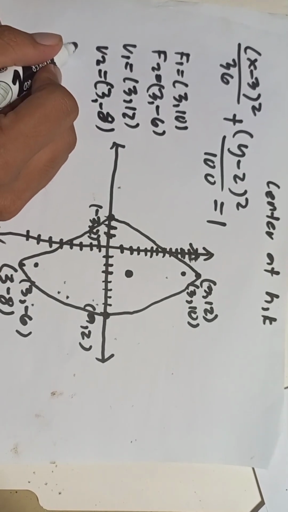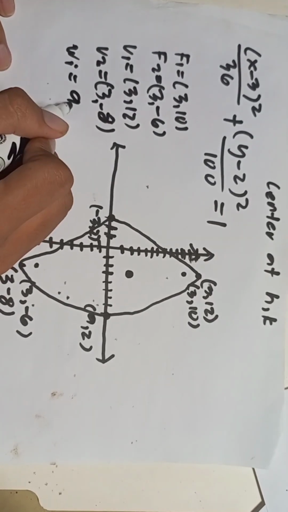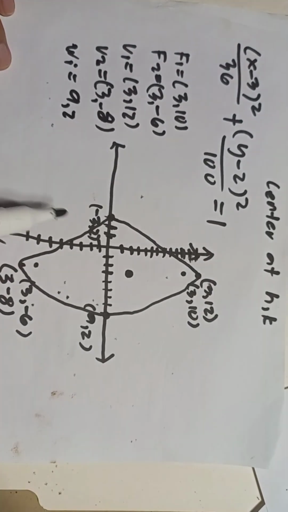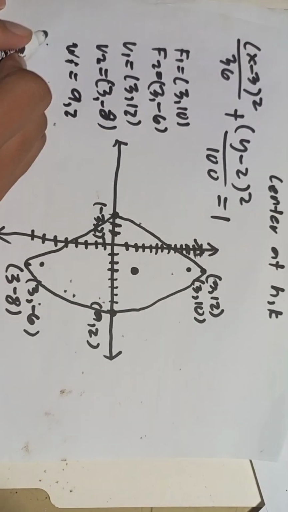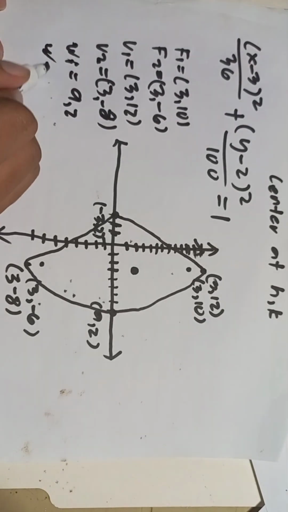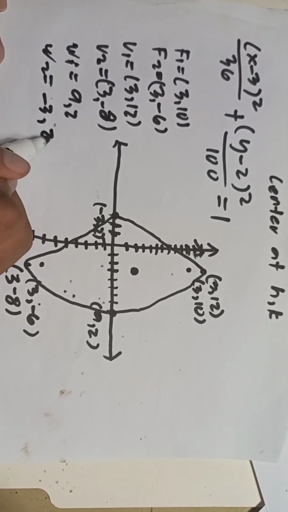Our covertex sub 1 is equivalent to 9 and 2, and covertex sub 2 is equivalent to negative 3 and 2.